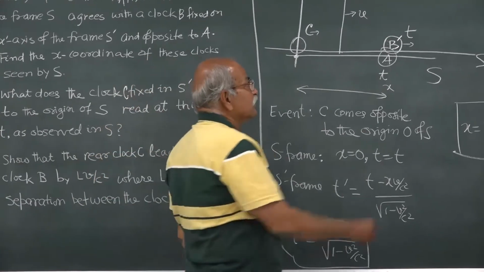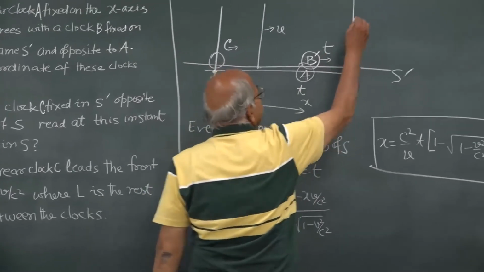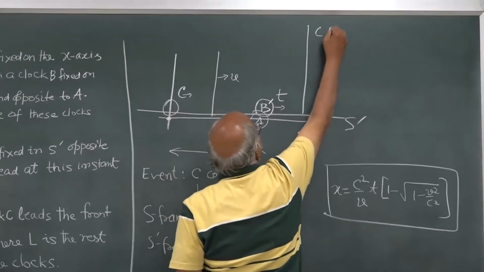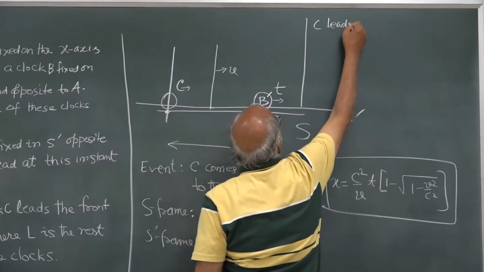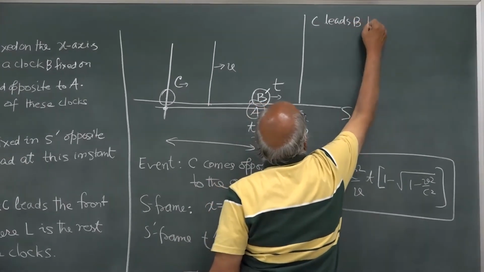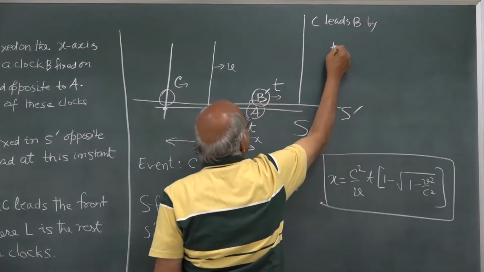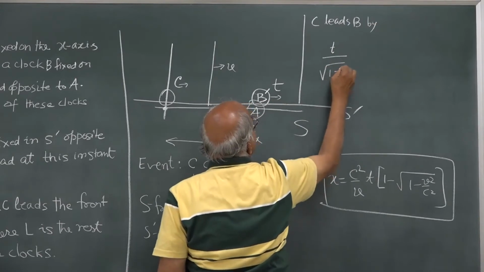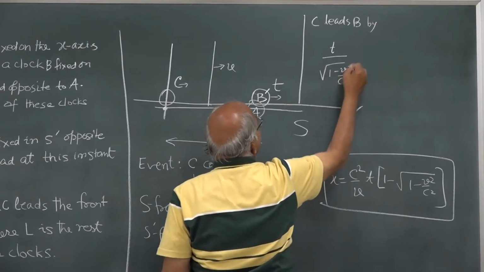So let me write it here. C leads B by how much? t divided by square root of 1 minus v square by c square, minus t.